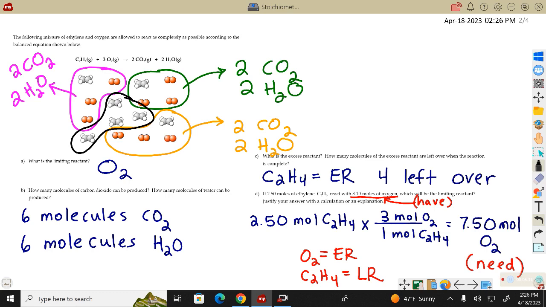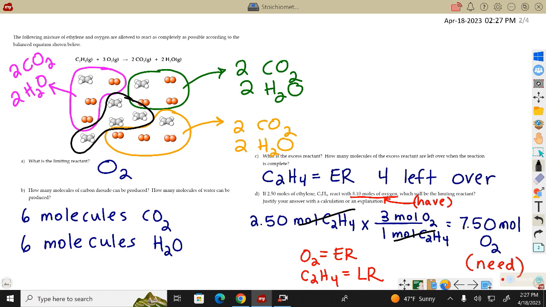Now, if you choose the calculation route, you pick one of those reactants. It doesn't matter which. I just picked the one that came first. You set up a little proportion, cancel the reactant that you chose, and switch it to the other reactant. I plug this in, which would be a super easy ratio, so maybe you would even be able to do this in your head.